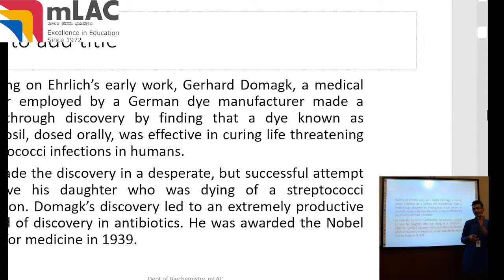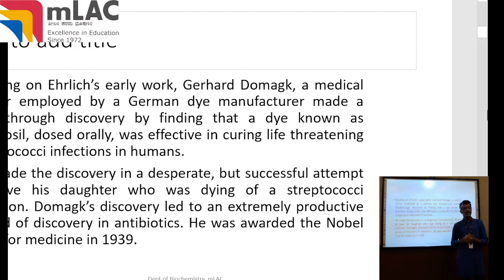In fact, Domagk had a daughter who was just 8 years old, and she had a serious infection that was not cured by the medications available at that time. So Domagk was helpless. As a helpless father, he had to go for any resort he had to save his little daughter.